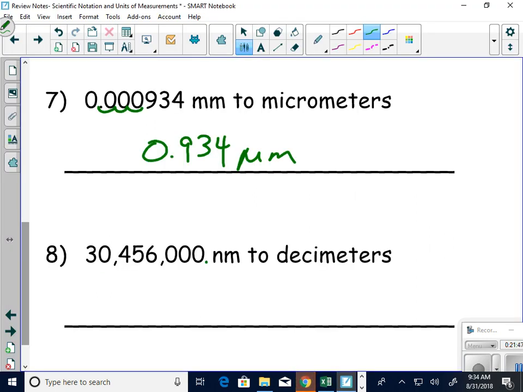Here's my decimal. 1, 2, 3, 4, 5, 6, 7, 8. Point 30456 decimeters is my final answer.